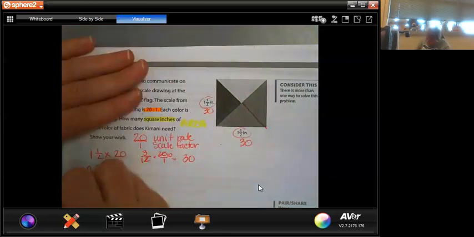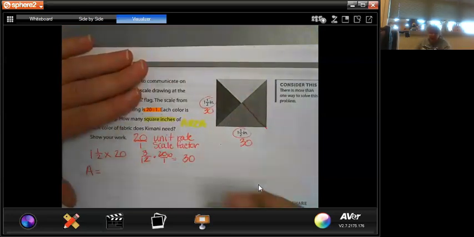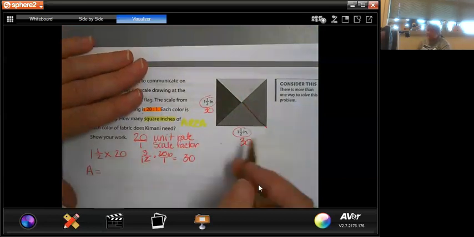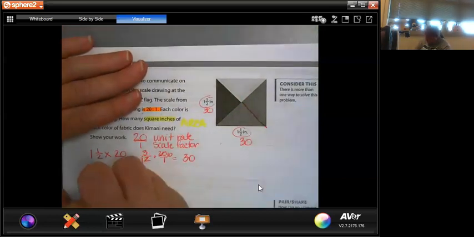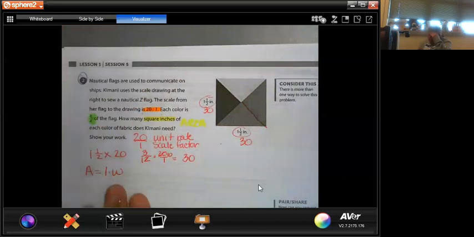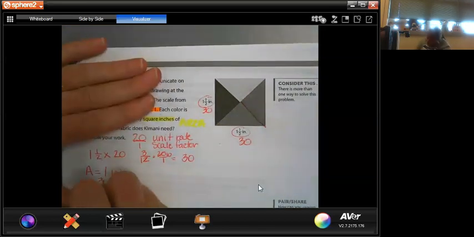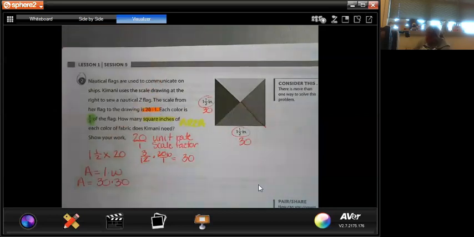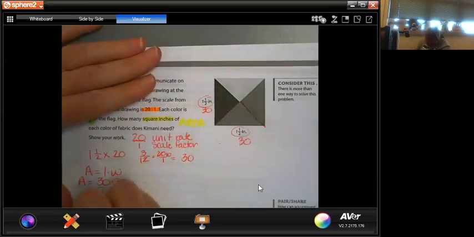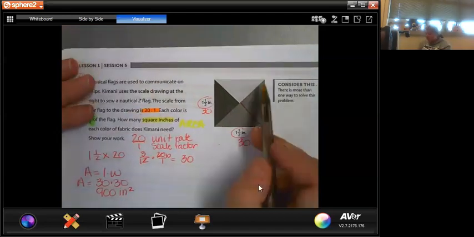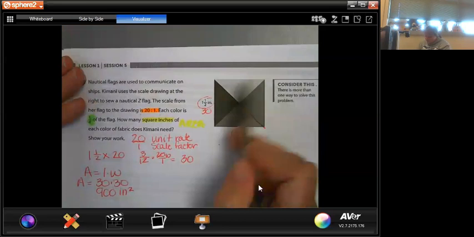Area is base times height, length times width, or side squared, since it's a square. So it would be 30 times 30. The area comes out to be 900 inches squared. So that's the area of this whole thing.